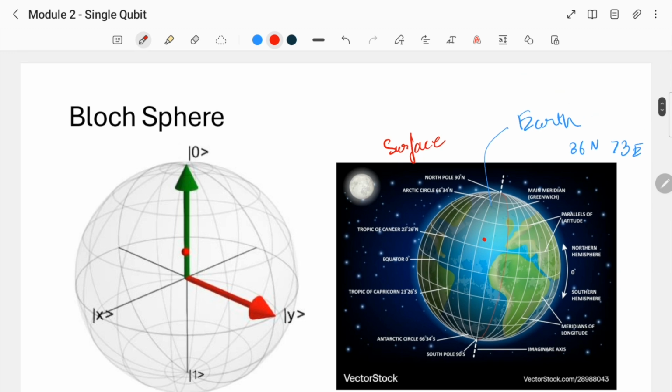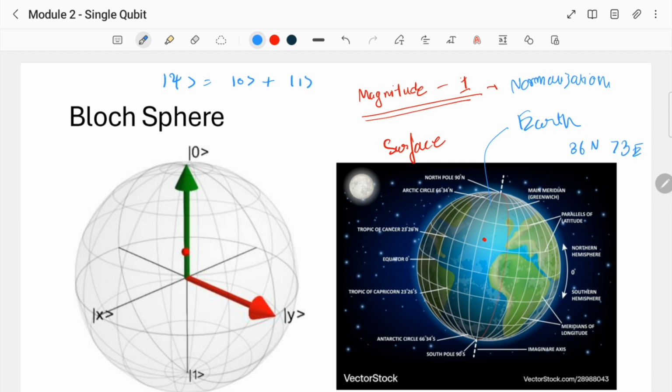And what this means is that the magnitude is always 1. Now we will get into this later. What does it mean by magnitude 1? But it is a concept related to normalization. Just to give it a bit more context, I hope you're familiar with the Dirac notation, where we present our qubit with this, let's say 0 plus 1.